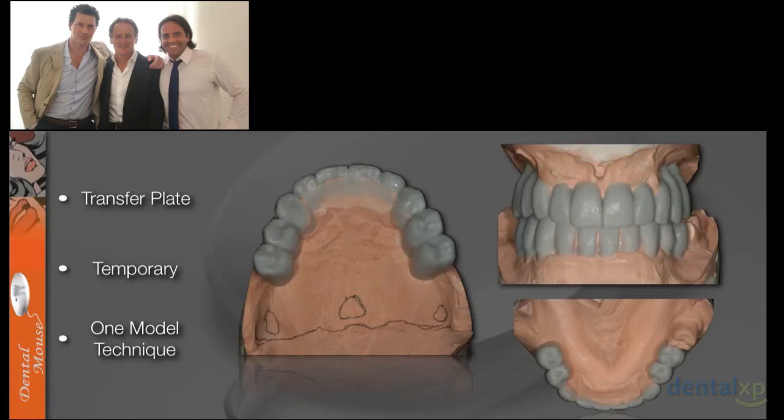He's going to make the temporary and the stents just based on this diagnostic wax-up. So you can see how important it is to arrive at this point with the correct diagnostic wax-up, and to collect a lot of data, so as not to make mistakes while we are doing the treatment plan.